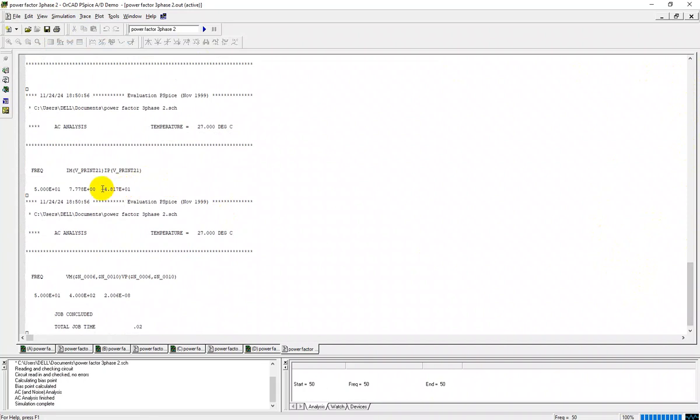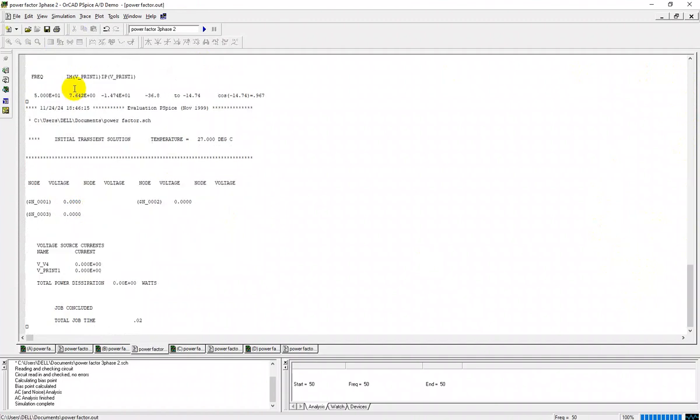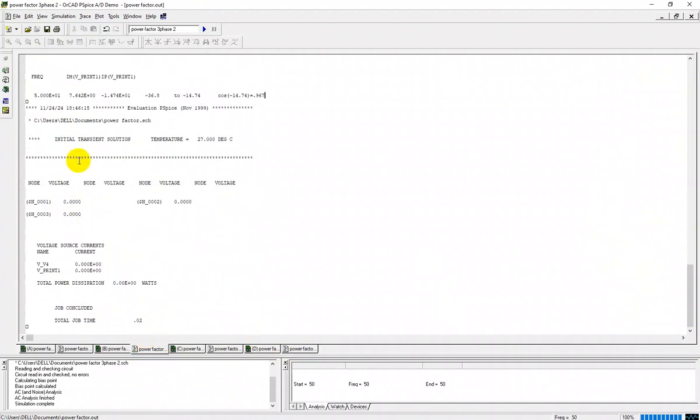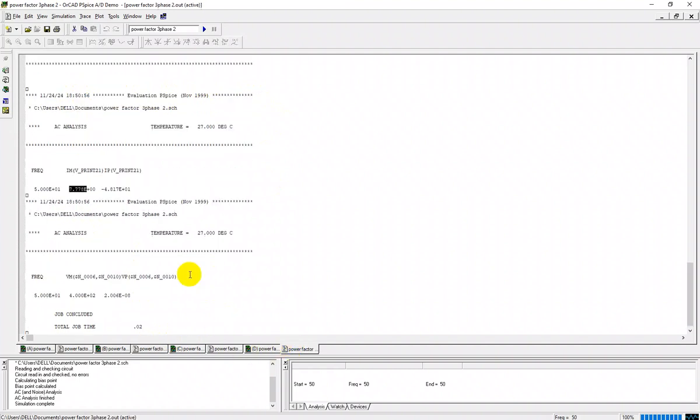Now, so you can see here the current is reduced to 7.778 after power factor correction, whereas in single phase it was 7.642, a small deviation. And then the angle that we had got, this is after, this is before, what we had got was 14.74. So let us see what is the angle here.